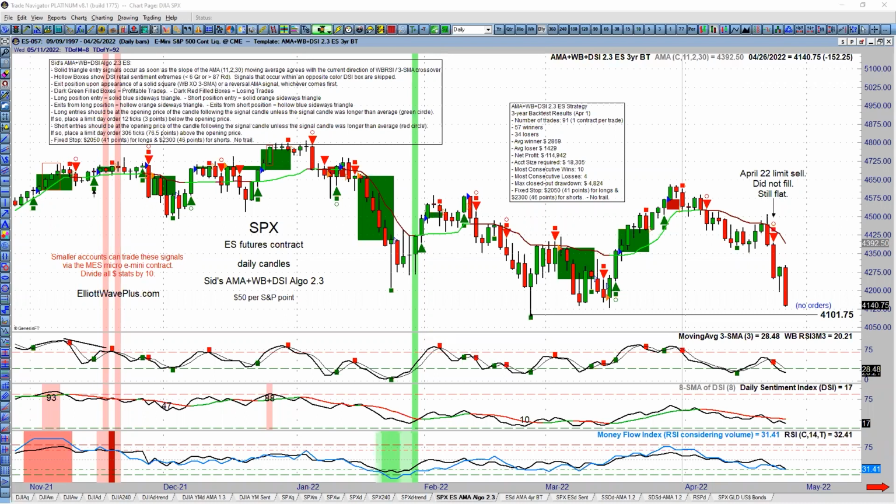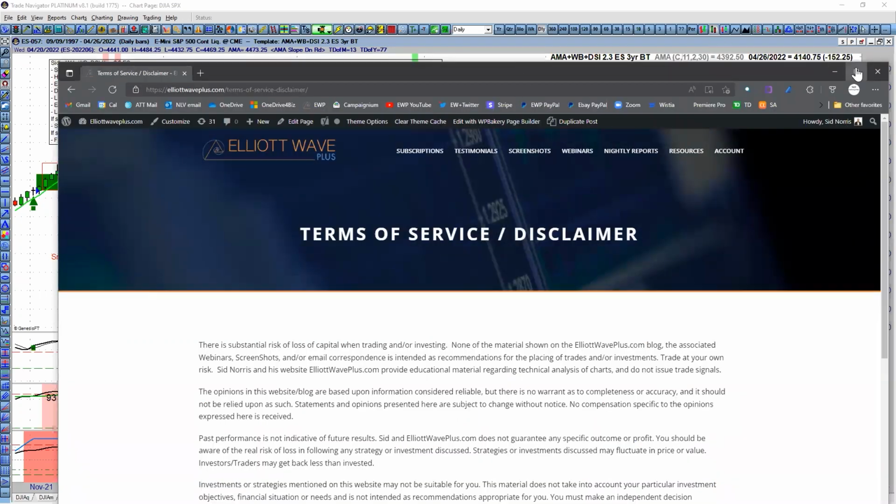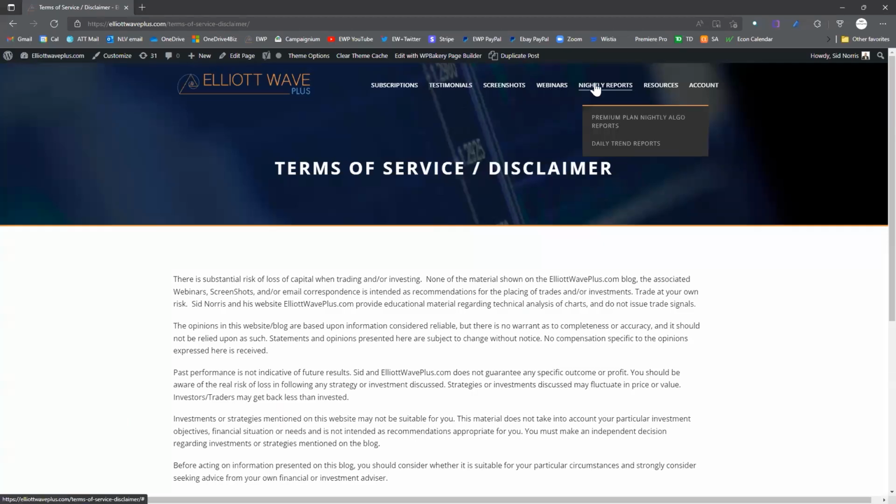So we've been at it for several years, and most people think that primarily our premium plan is about automated trade signals on daily charts on about 20 popular tradable items. I'll give you a quick list of those here.